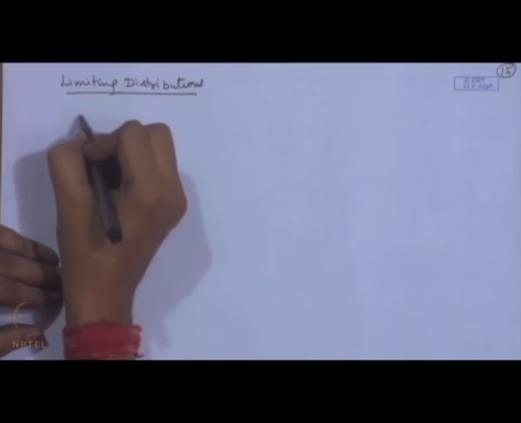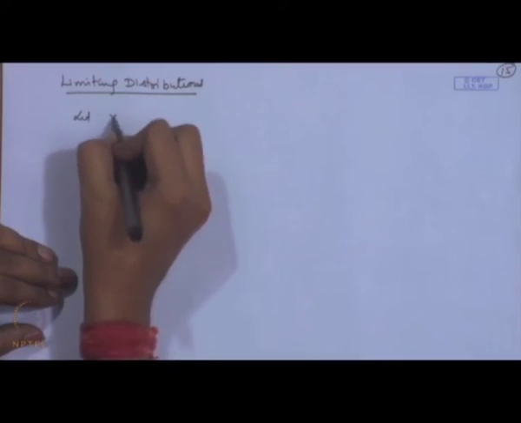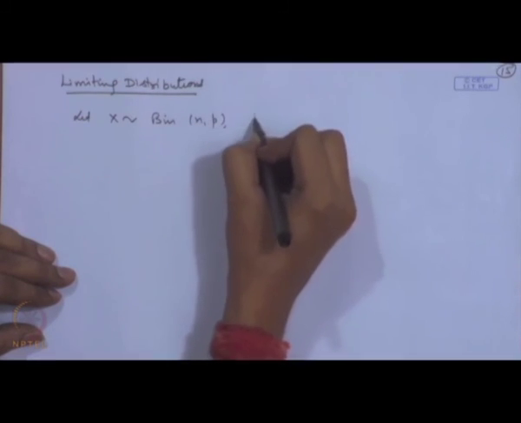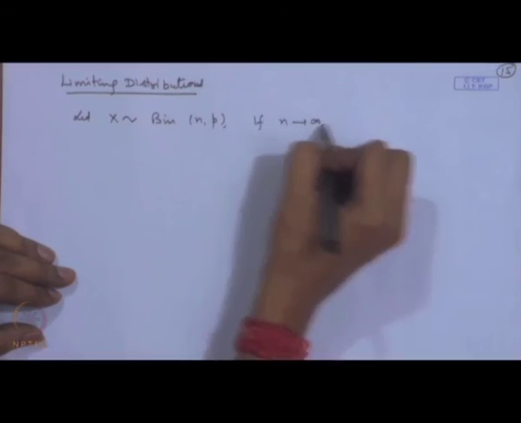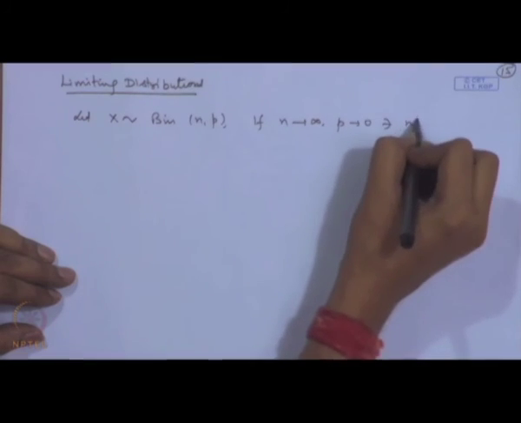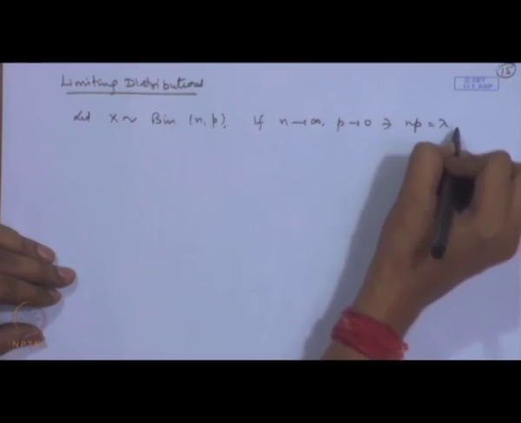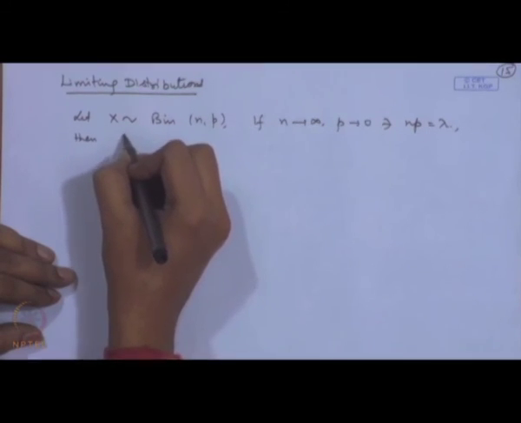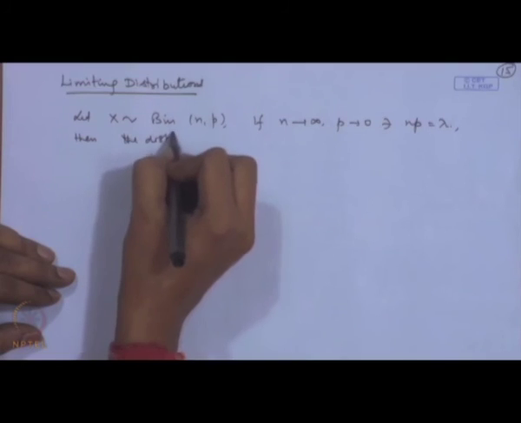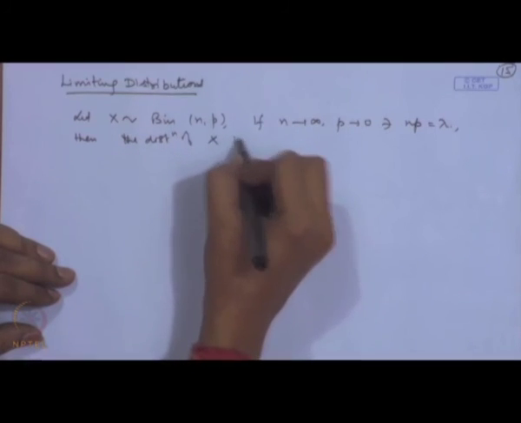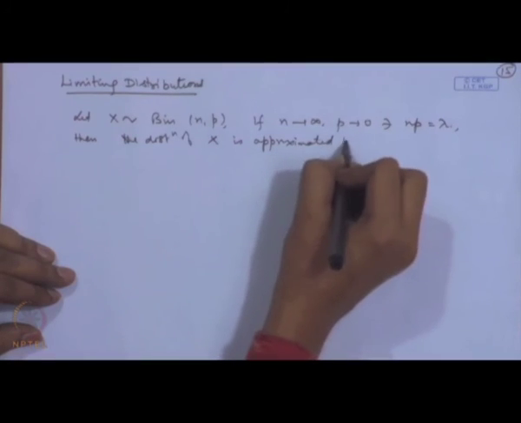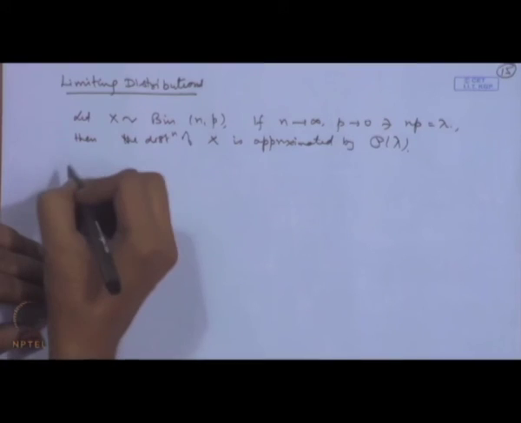So, the first result here is that if x follows a binomial (n, p) distribution, if n goes to infinity, p goes to 0 such that np is equal to lambda, then the distribution of x is approximated by Poisson lambda. Let us prove this.